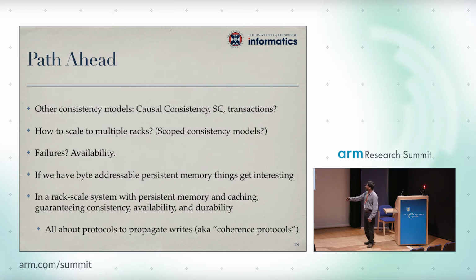So in some sense, what is exciting is that if you have a rack scale system with persistent memory, and if you allowed caching, right, guaranteeing consistency, availability through replication, and durability is essentially about protocols for propagating values to replicas. And that we know, we have spent a lot of time in the computer architecture world looking at these things. And to look at these problems in this context seems like an exciting intersection between these two fields.